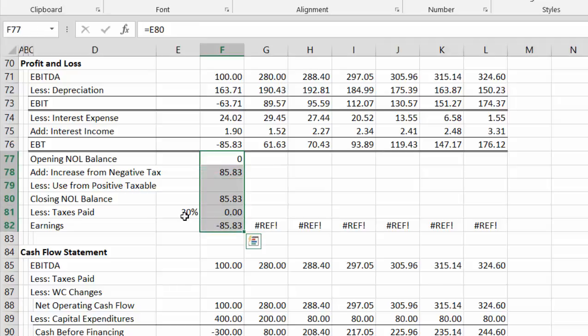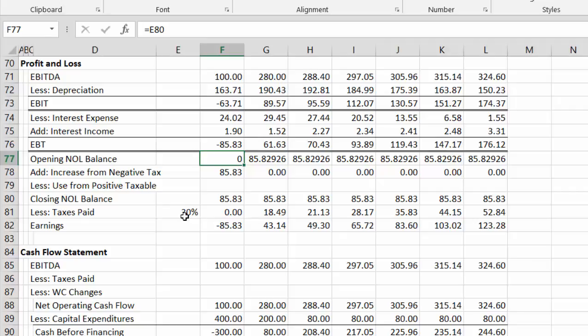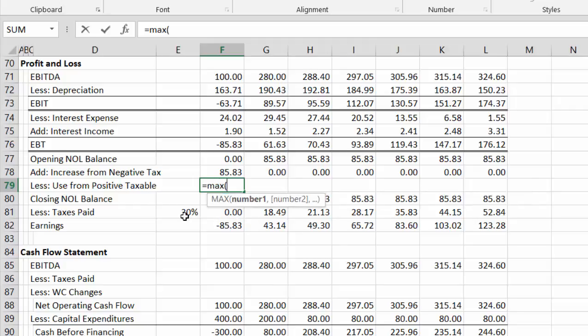And now our EBITDA minus our EBT, so we have our net operating loss balance, and we have to pay taxes already in the second year. Let's see what happens. 61 of income. Well, I haven't done this yet, of course. So the last thing to do is say, well, we only pay it back when this is positive.